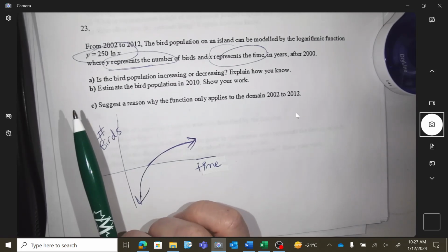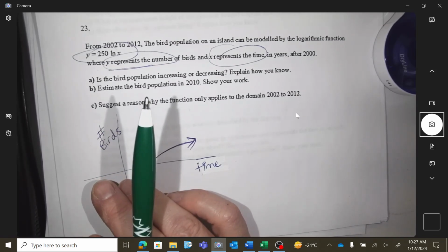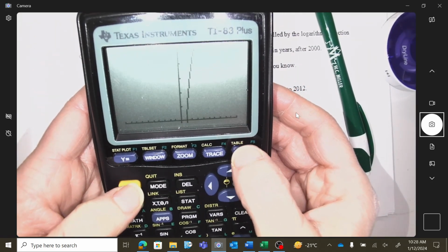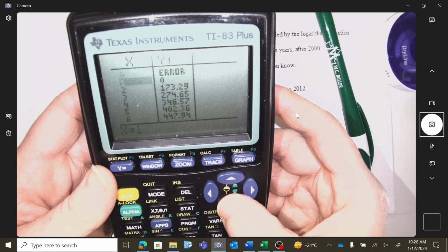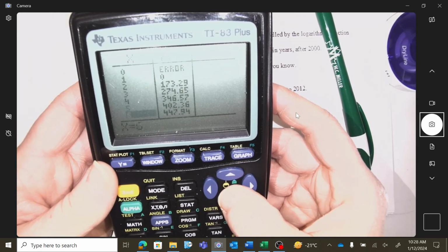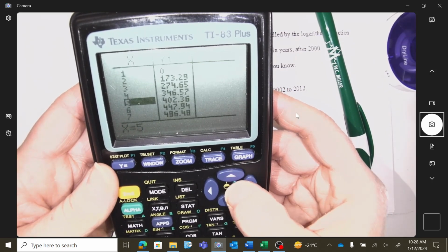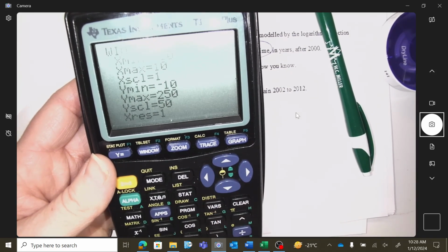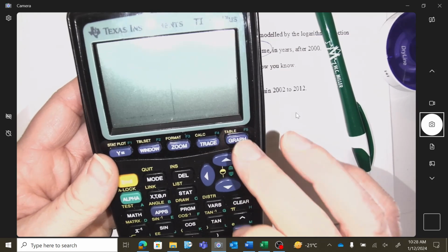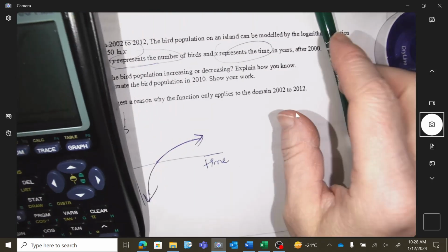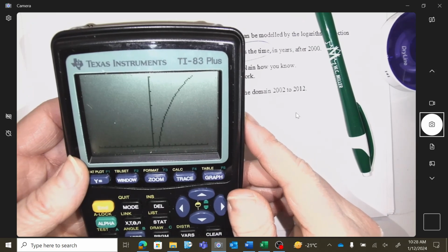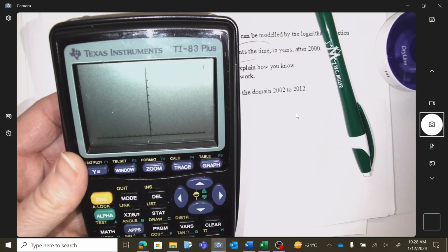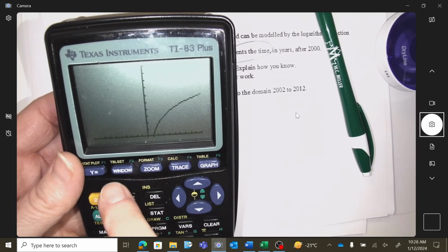Does anybody know where to kind of cheat, bless you, if you want to see your numbers and see how big you want to be? You can always go to the table and then look at my values. When x was 5, I was already at 400. So then the table helps me figure out my window. Where are you typing this information? My window.